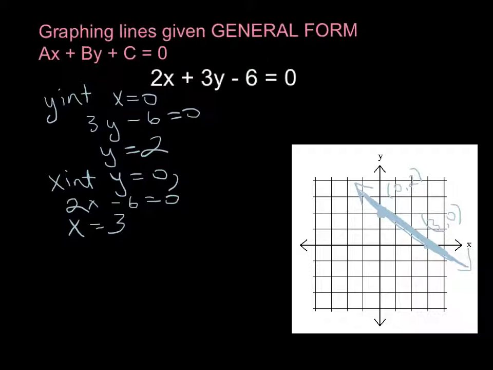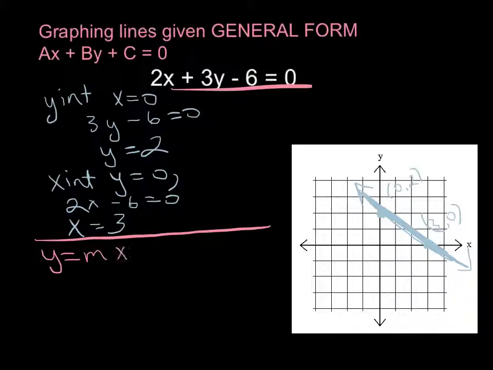If you want to double check, just for fun, let's do it another way. What we could do is take this and solve it so that it looks like y equals mx plus b, the slope-intercept form. All we do is isolate our y variable.